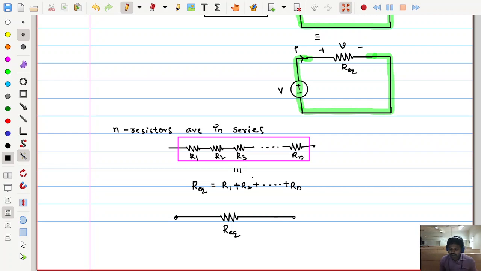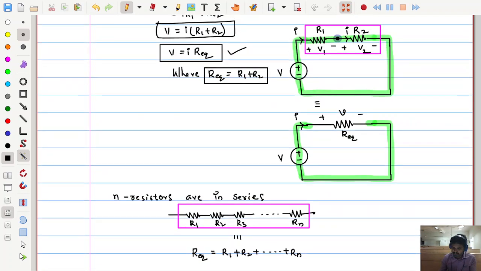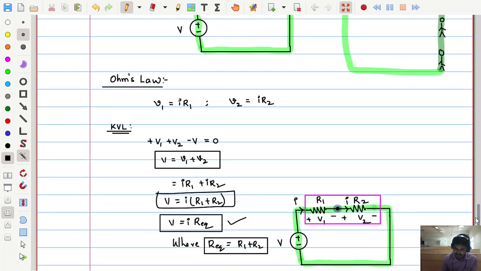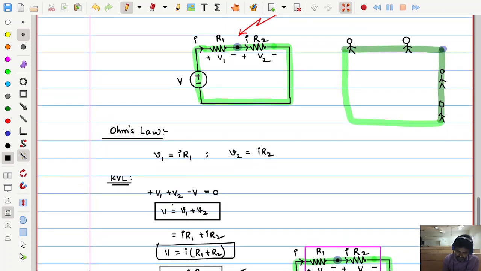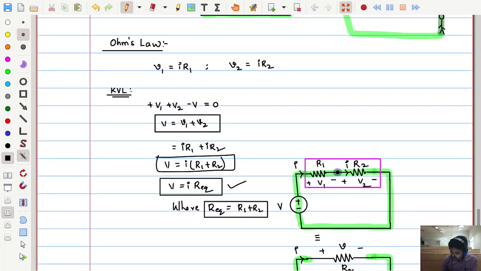So this is valid only when the elements are connected in series. Next, let us see one more important feature. When these are connected in series, try to observe the voltage V across this entire pink color box.